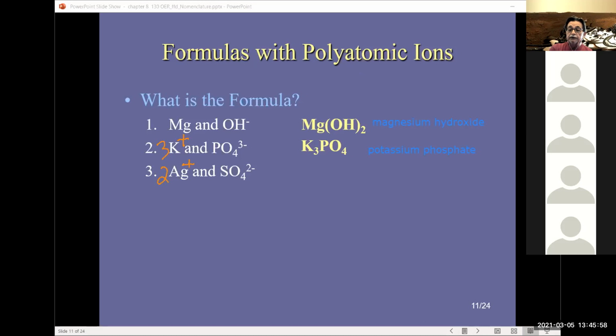Someone had a question. Okay, good question. Question number 2, it says PO4, why doesn't it need parentheses? You only need the parentheses if you need more than one. If you only need one, in this case you only needed one PO4, one phosphate, you just leave it like that.